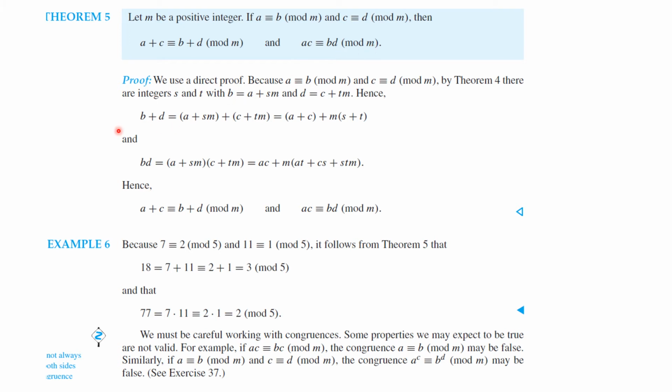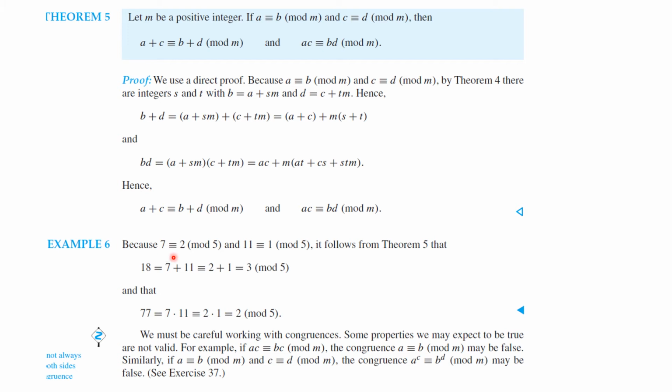The proof follows very directly, because let's look at the sum. b plus d under our assumptions here is equal to a plus sm plus c plus tm, but I can reorganize it this way. And bd is equal to this times this, and I can reorganize it this way. Therefore, this congruence exists and this congruence exists. It really just follows from the definitions and a little bit of arithmetic.